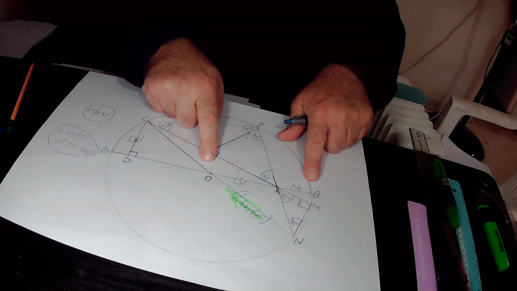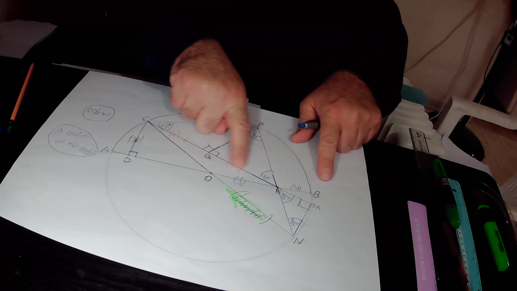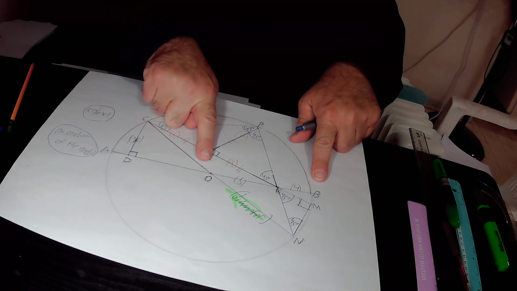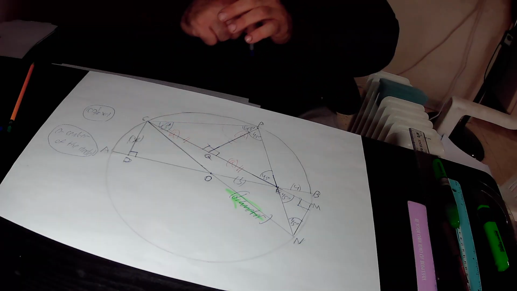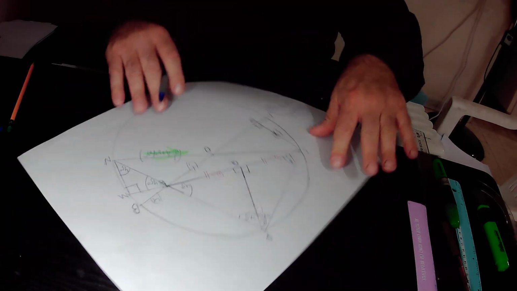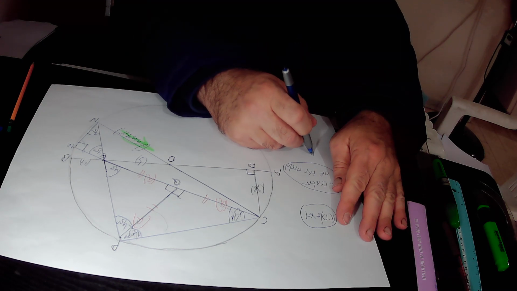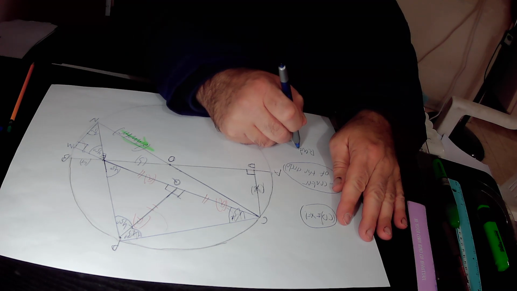What is the length of OB? OB equals OE, that is 5, plus EB, that is 4. So in total, the radius OB equals 5 plus 4, that is 9. So we actually found out that the radius of this circle is equal to 9 units in its length.